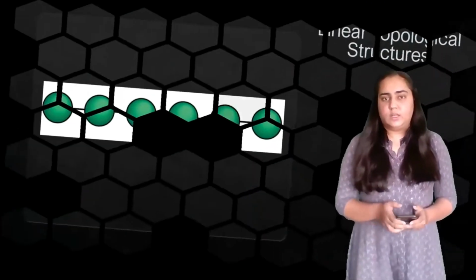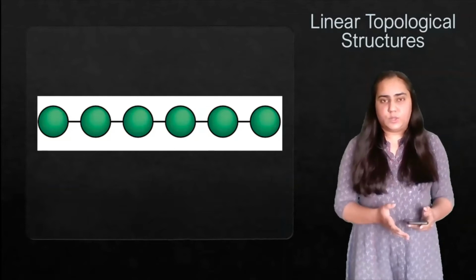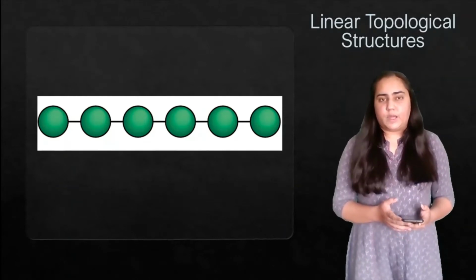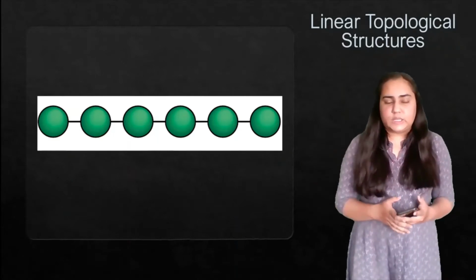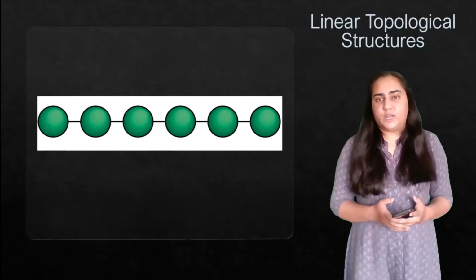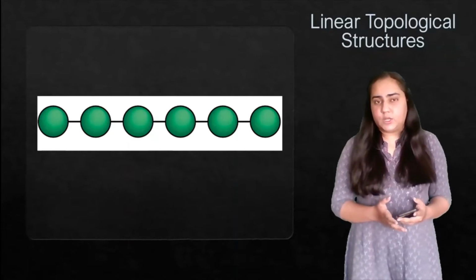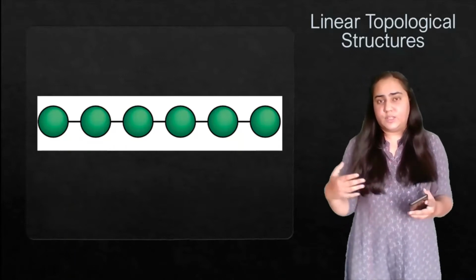And it looks something like this. So it's a linear relationship and it is a one-to-one relationship. That means one of these bubbles or circles that you see can be connected with only one other bubble or circle, which is why it is linear. And at the same time, it is also sequential.